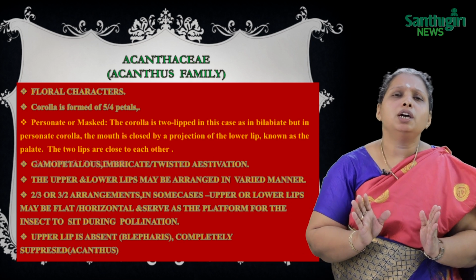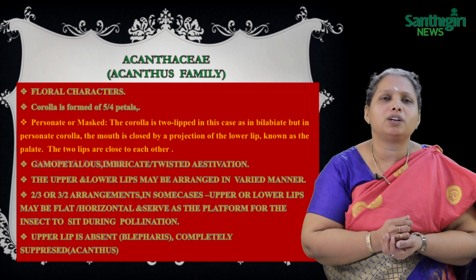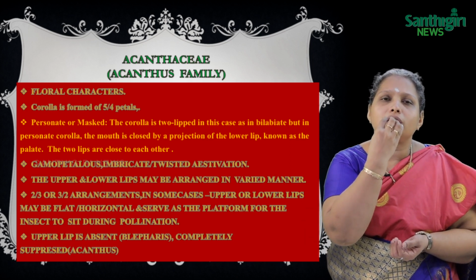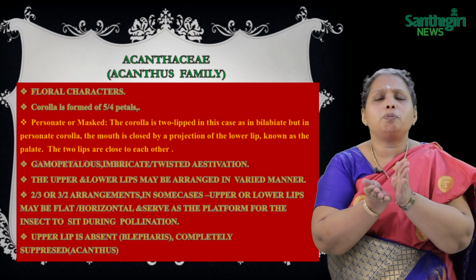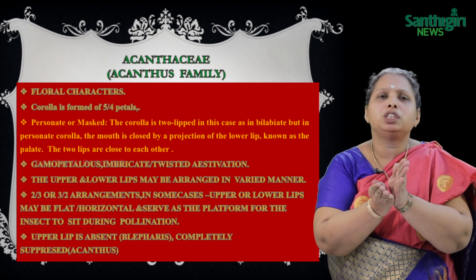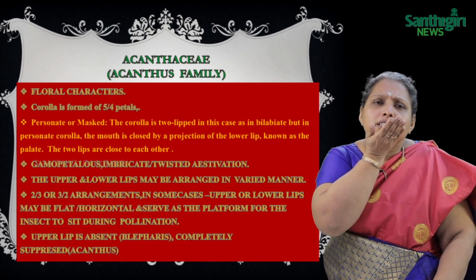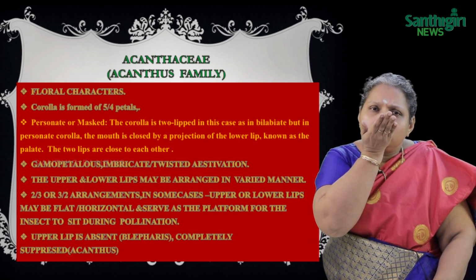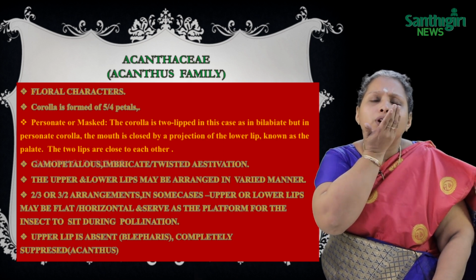Next is called personate corolla. What is personate or masked corolla? Like our mouth condition. Here also it is bilibbed or bilabiate in a personate manner. The lower lip is projected, like our upper jaw and lower jaw.